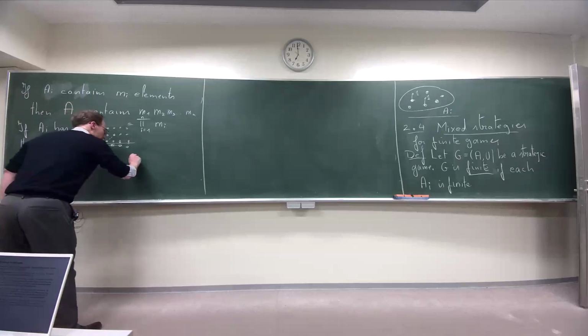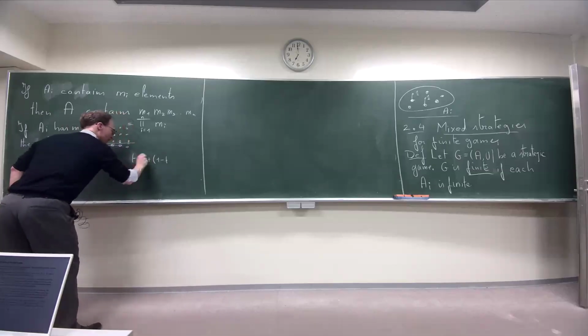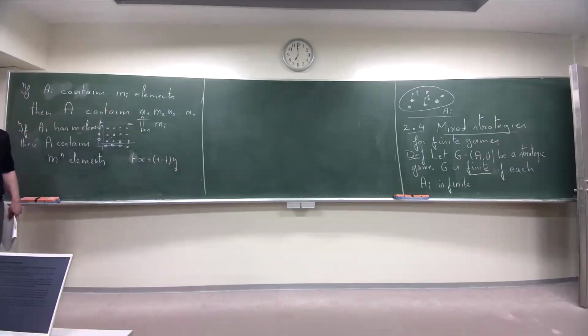Linear combination means t times x plus (1 minus t) times y. If y and x are in the set, all these points have to be in the set. So if you have only a finite number of points, this is not possible. Any convex set has to contain an infinite number of points.